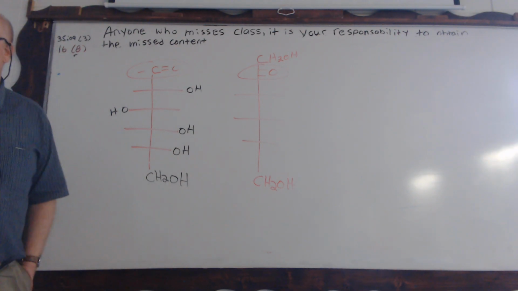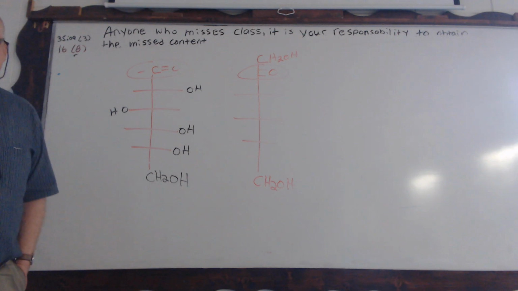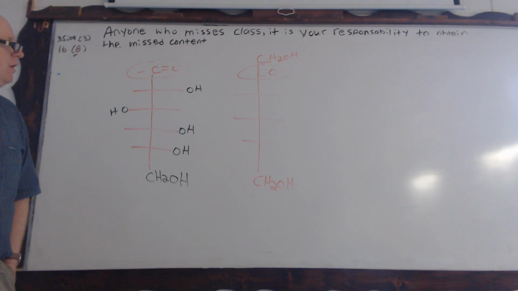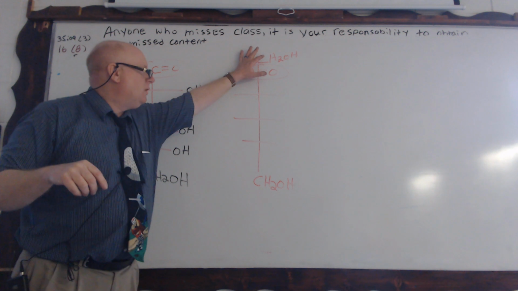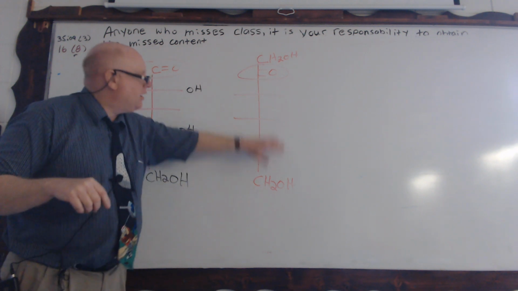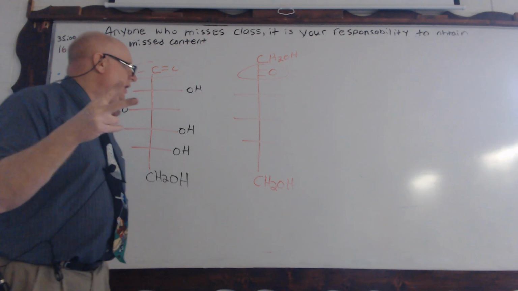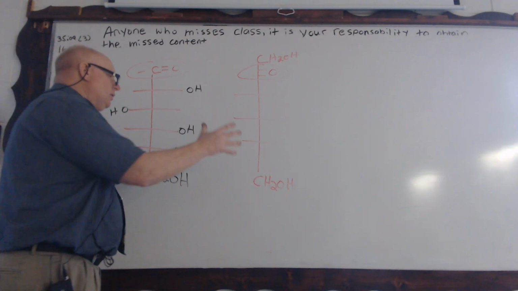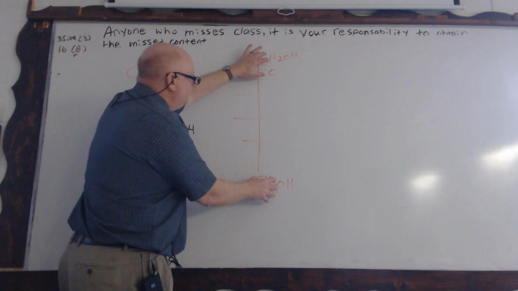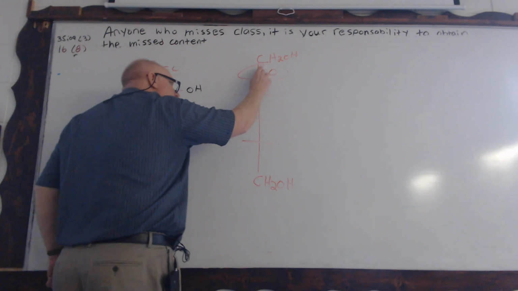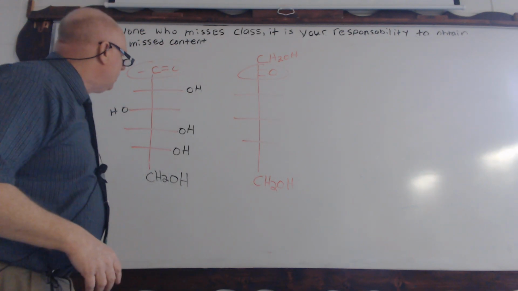Because it's an aldose sugar, it's C double bonded oxygen with a hydrogen. But what do we see on this one, on carbon 1? Yeah, it's the same as on the bottom. So there are two different ways that you know that this is a ketose sugar. One is right here, and two, that double bonded oxygen is on the second carbon.